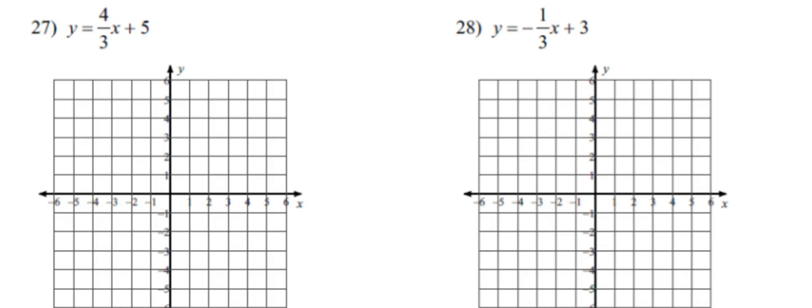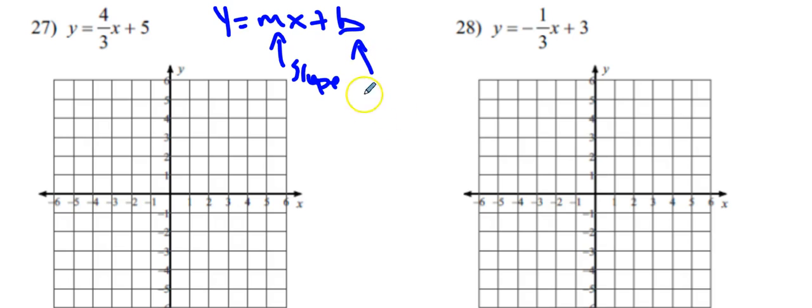If we remember that y equals mx plus b, where m represents the slope and b represents the y-intercept, then we know that this 5 is our starting point.